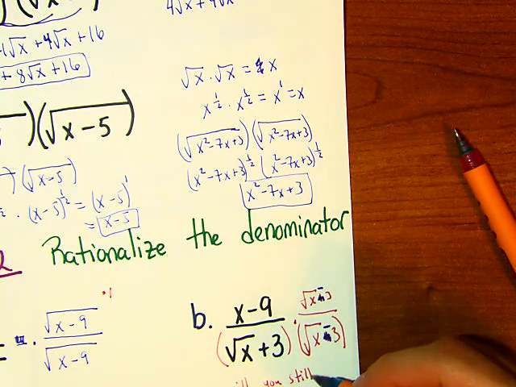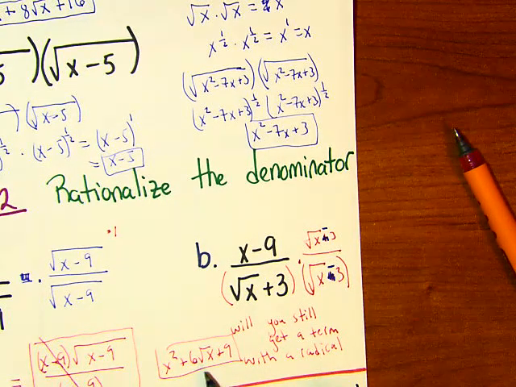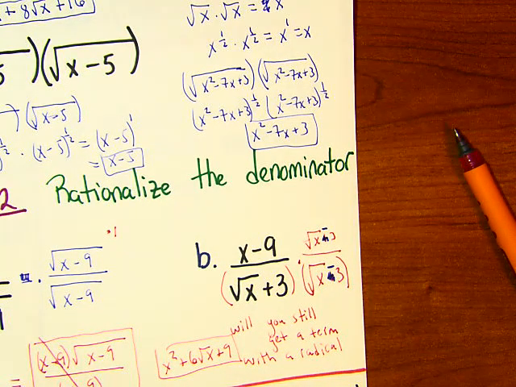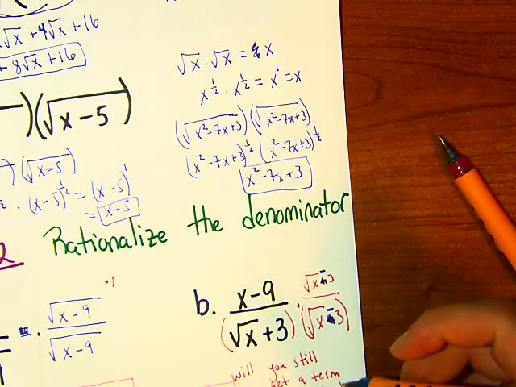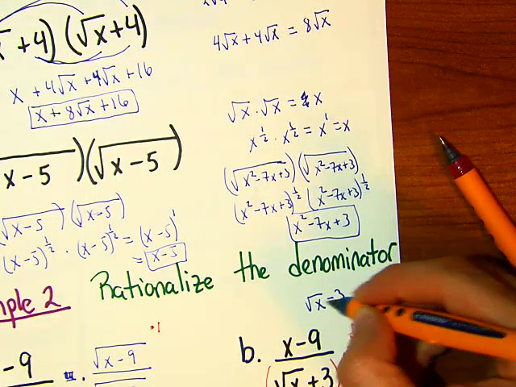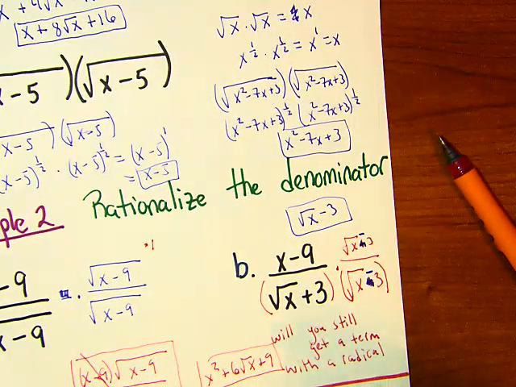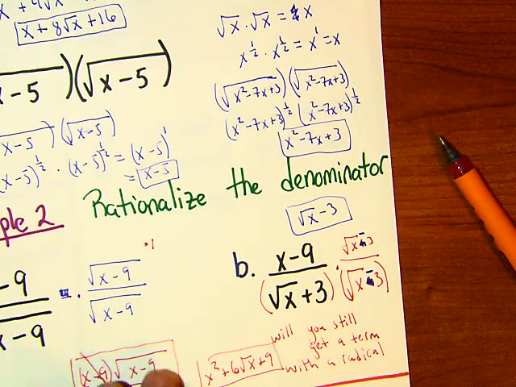If you do that, this middle term will cancel and you won't get a square root of x. So try to do that by yourself, and when you rationalize this, you should get square root of x minus 3 as your final answer, that this is equal to that. Okay.